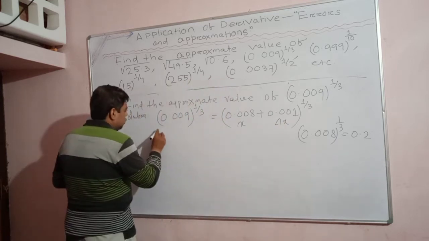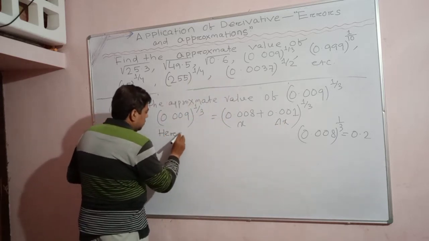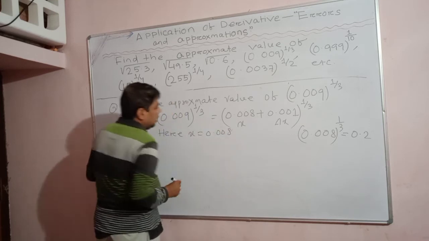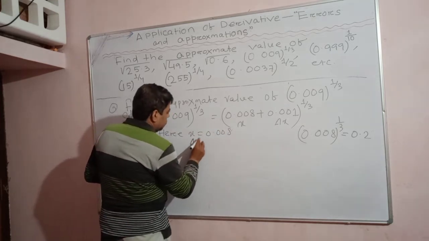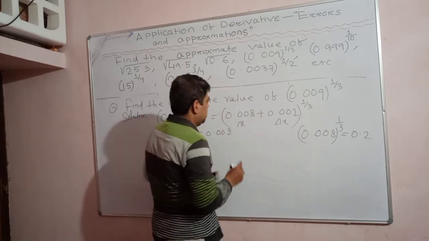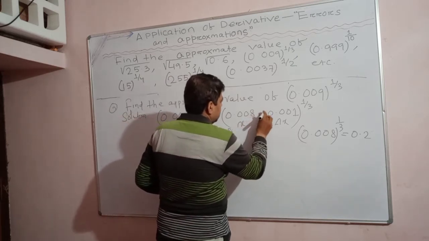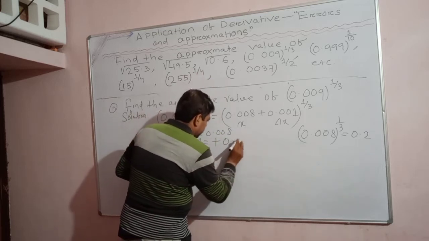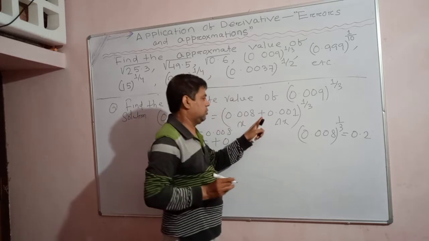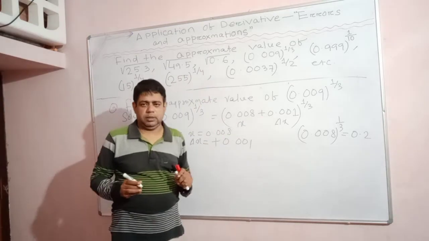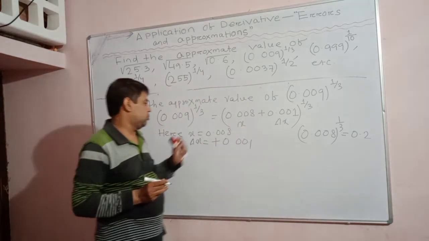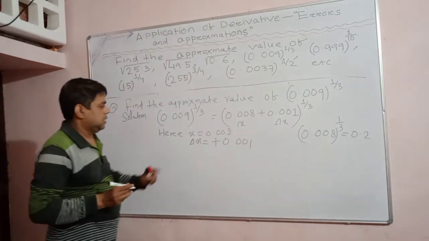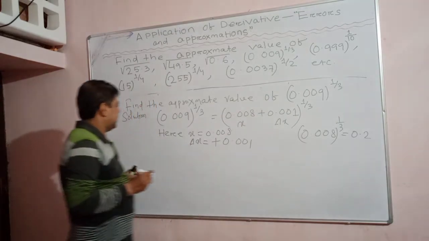Here x is equal to 0.008 and del x is equal to plus 0.001. Note the sign: if there were a minus sign, you would have to carry minus 0.001. Because it is a plus sign, del x is plus 0.001. So note that the sign has to be taken care of.